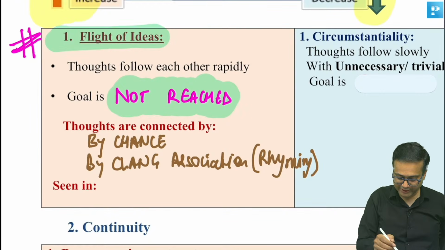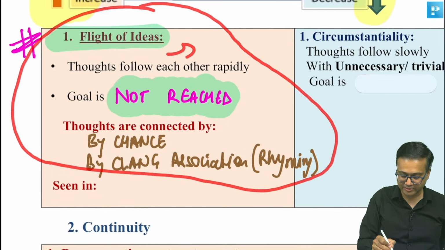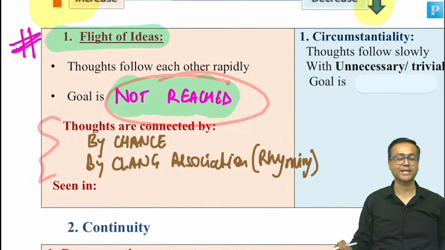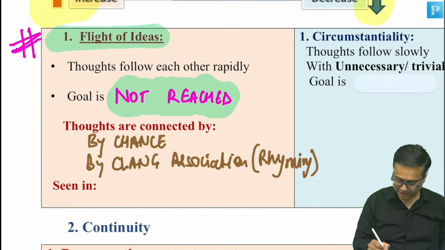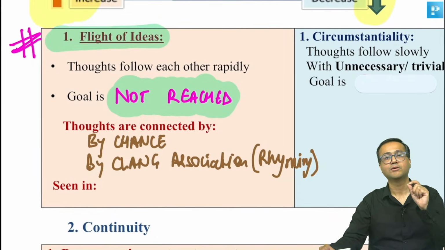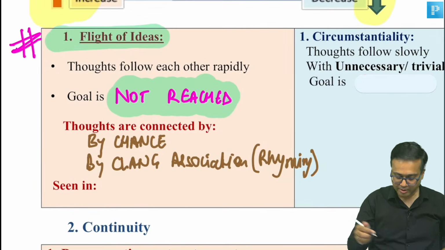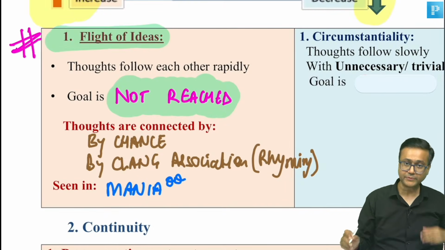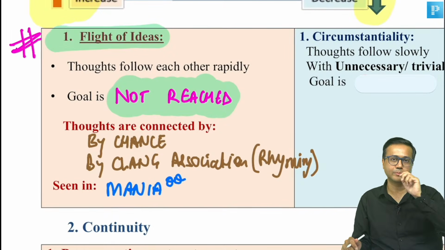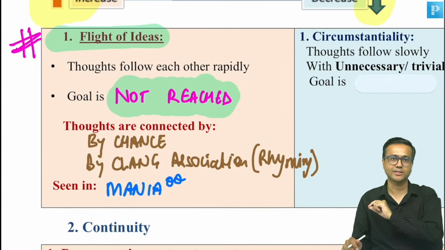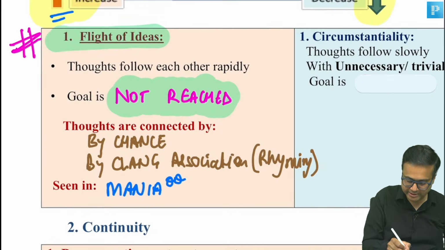So this is flight of ideas, where a patient is saying things very fast, not making much sense, the goal is not reached, and you will see some connection. Finally, can you tell me one important condition where you will see flight of ideas? Please remember we will discuss this point again in mania. When I discuss the symptoms of mania, in that mnemonic we will discuss one letter F, that is flight of ideas. But in flight of ideas the speed is increased.